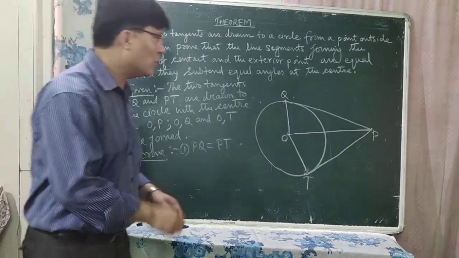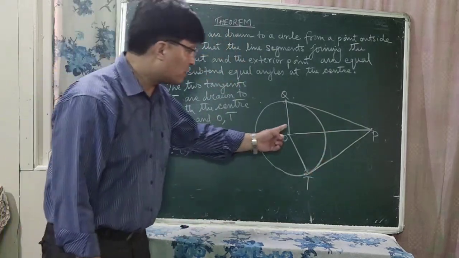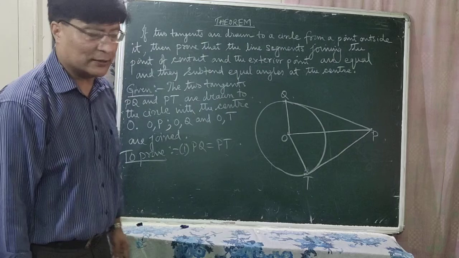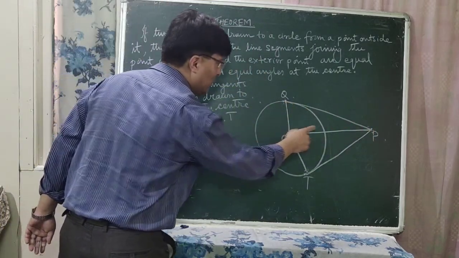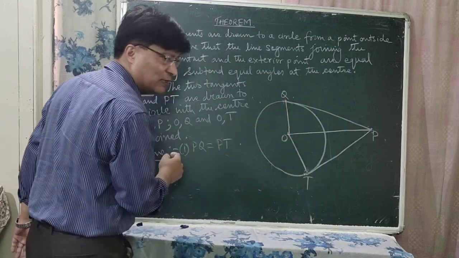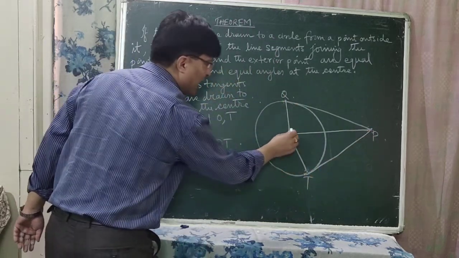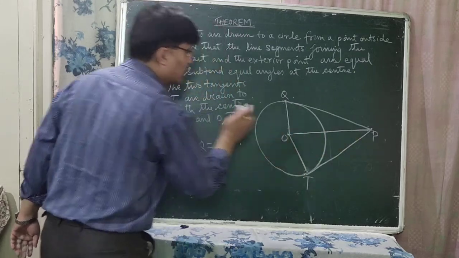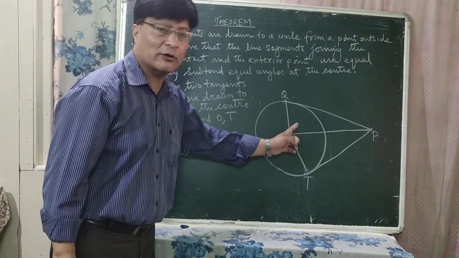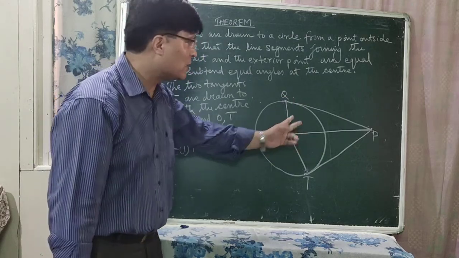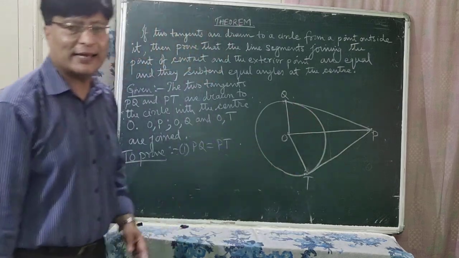Okay? And also you have to prove that these two tangents subtend equal angles at the center. This PQ tangent is making angle POQ at the center, and this tangent PT is making angle POT at the center, and you have to prove that these two angles are also equal. That means PQ and PT subtend equal angles at the center.